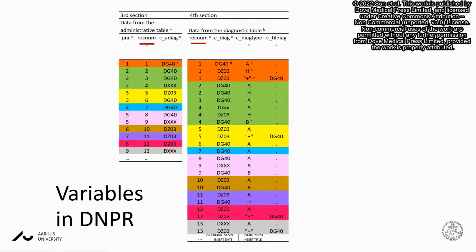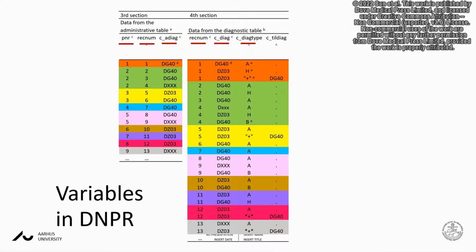Other variables include PNR for patient ID, CDAG for the primary diagnosis of a hospital contact, CDAG for any diagnosis of a hospital contact, CDAG type for the type of a diagnosis.